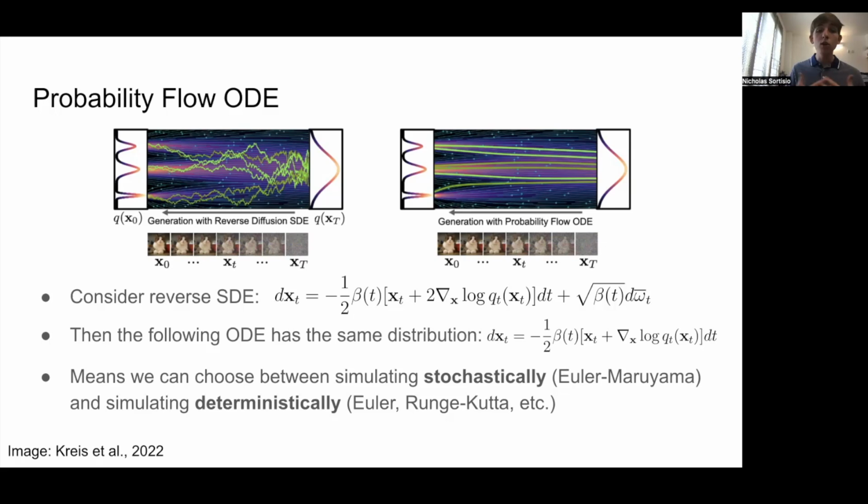And so this is really useful because it means that we can make a choice between whether we want to model the reverse process using the actual full reverse diffusion or just using an ODE. And so this means you can make a choice, based on whatever constraints your problem has, between using a stochastic numerical simulation like Euler-Maruyama, or if you want to do it deterministically using something like Euler, Runge-Kutta, and there's lots of options out there.